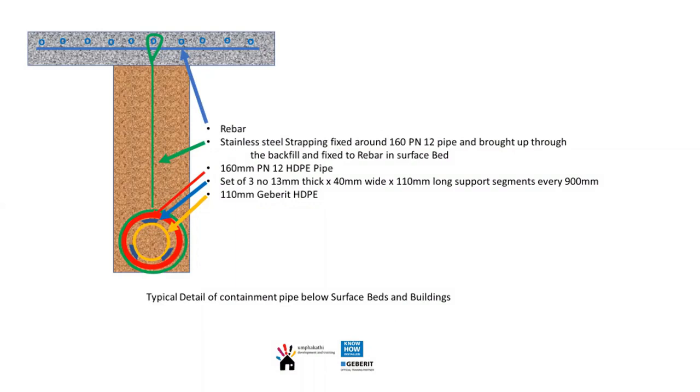And then when we backfill that pipe, we put a stainless steel strap around it, which we then take up to the surface bed level, and that will be secured to the rebar. And this allows that if the section under the surface bed was to collapse, the pipe would still be suspended from the surface bed.